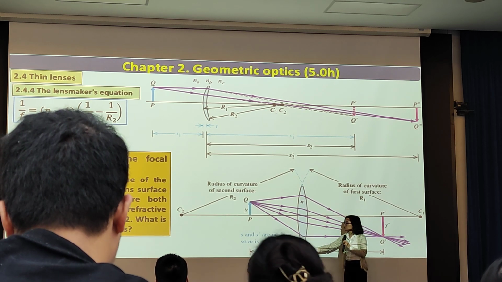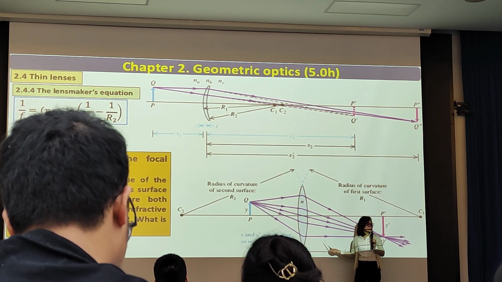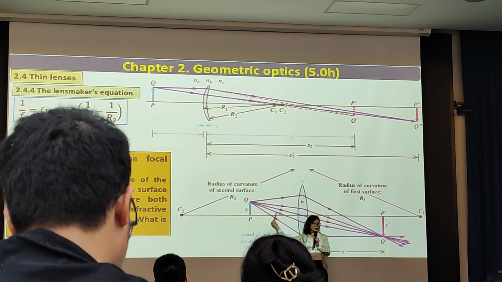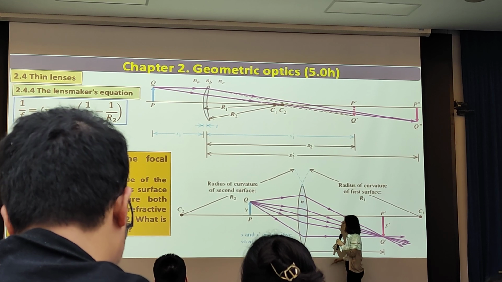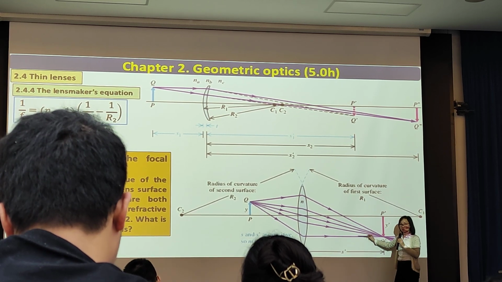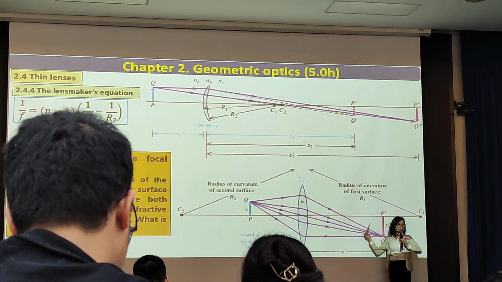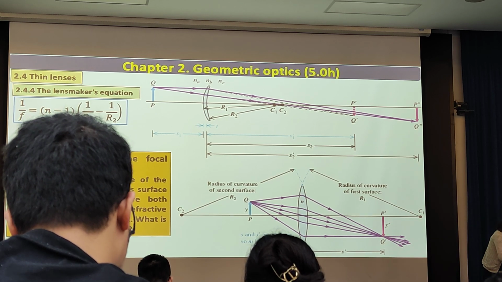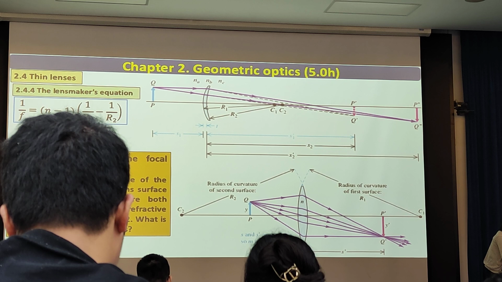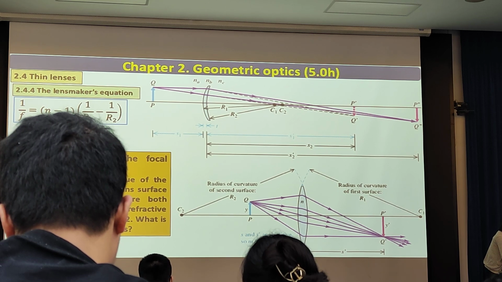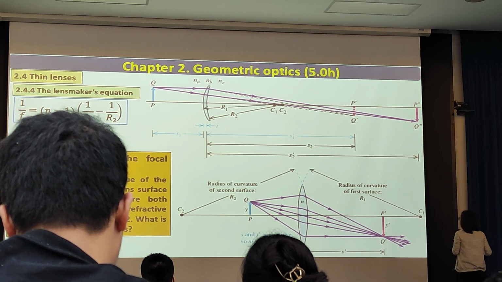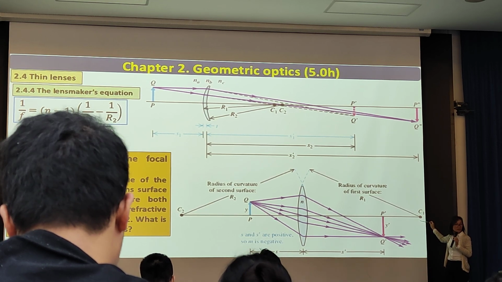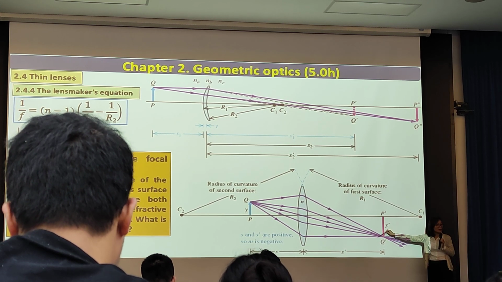So S and S prime are both positive because the object is on the same side as the incoming rays to the surface, and the image is also on the same side as the outgoing rays. Right. Now we consider R1 and R2. So we look at R1 and R2 here. R1 center of curvature is on the same side as the outgoing ray.